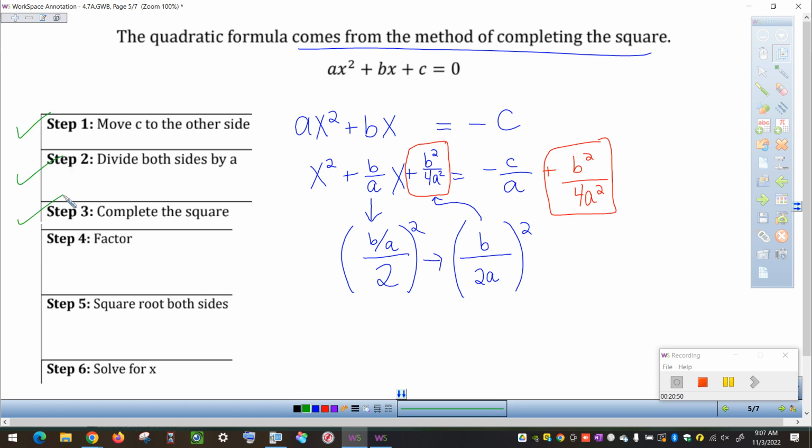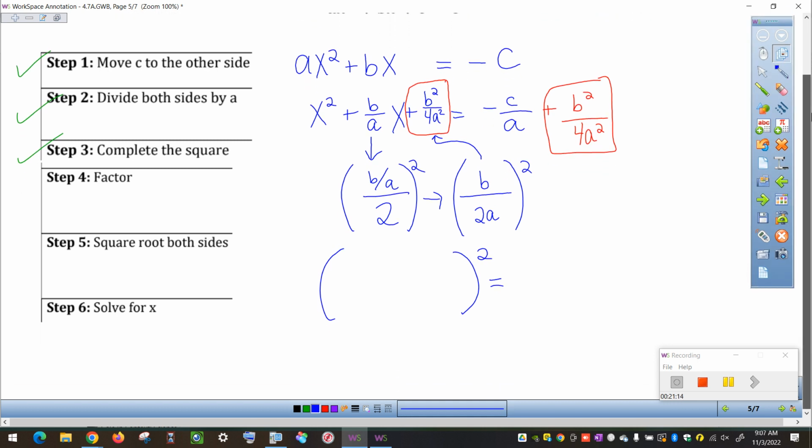Okay, so we've done steps 1, 2, and 3. Now, the whole point of completing the square right here is turning this into something that we are now going to be able to factor. So we're going to factor it into something that looks like this, a quantity in parentheses that is being squared. So let's think about factoring this.